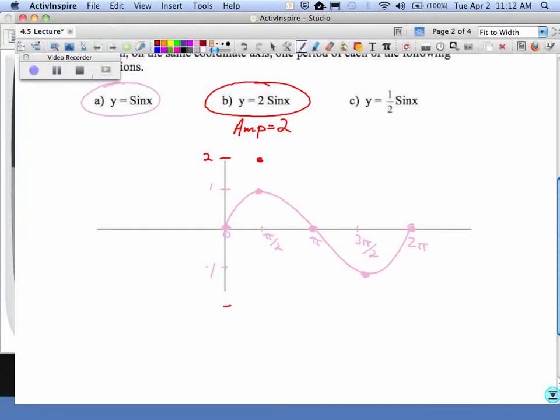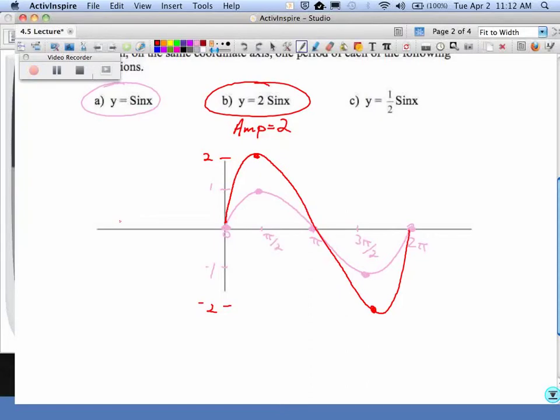And so you can see a vertical stretch. Oh, I missed my dot. Watch what I can do. I can just put my dot there. Okay. When you switch the number out front, the little a value, all you're doing is stretching, or you might think of it as a vertical stretch.